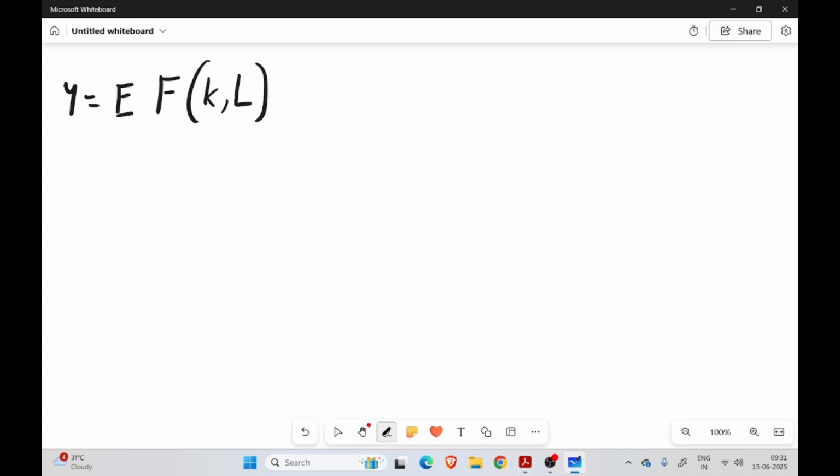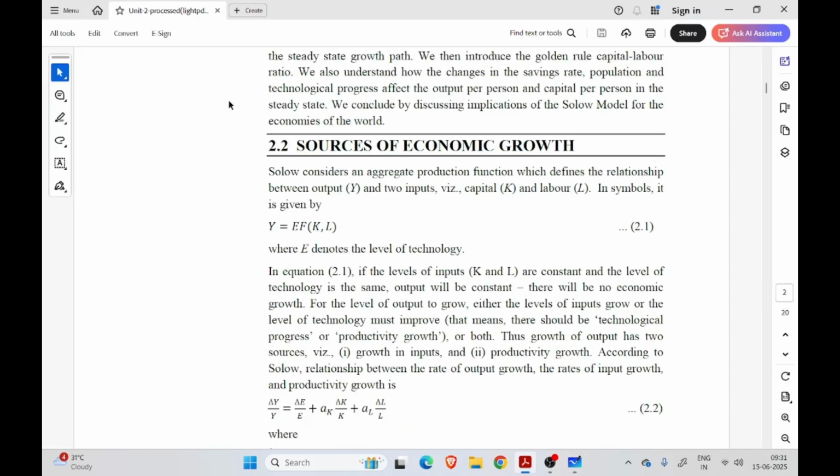If E increases, then Y will increase. So basically, the higher the level of technology, the higher our output from a given set of inputs.